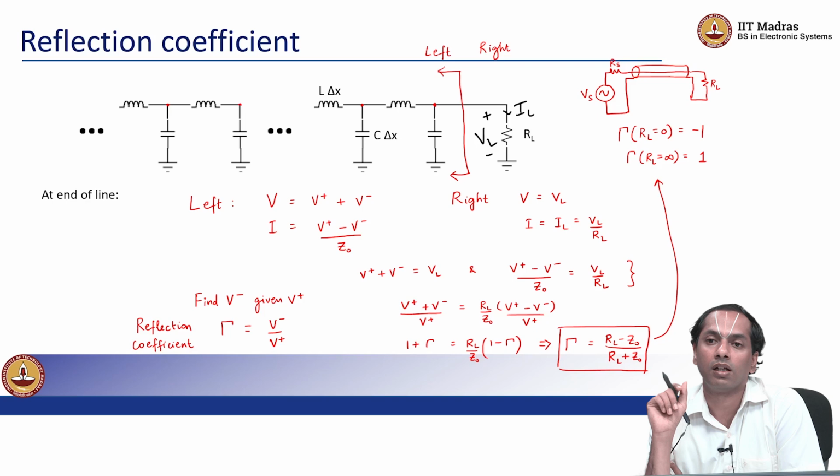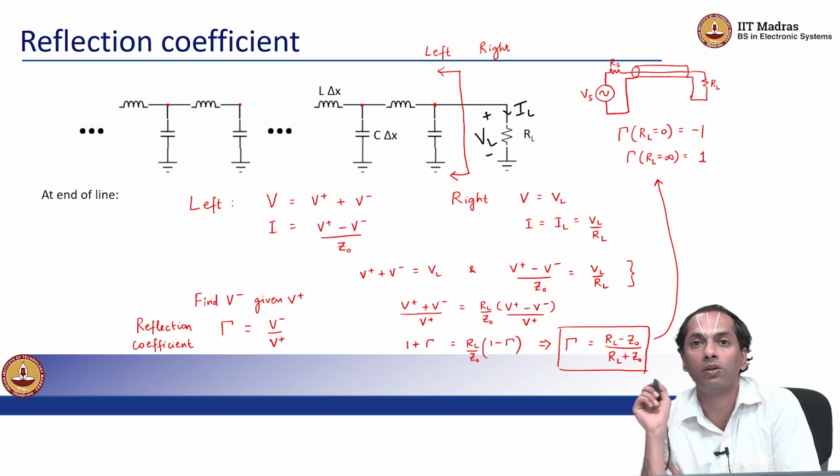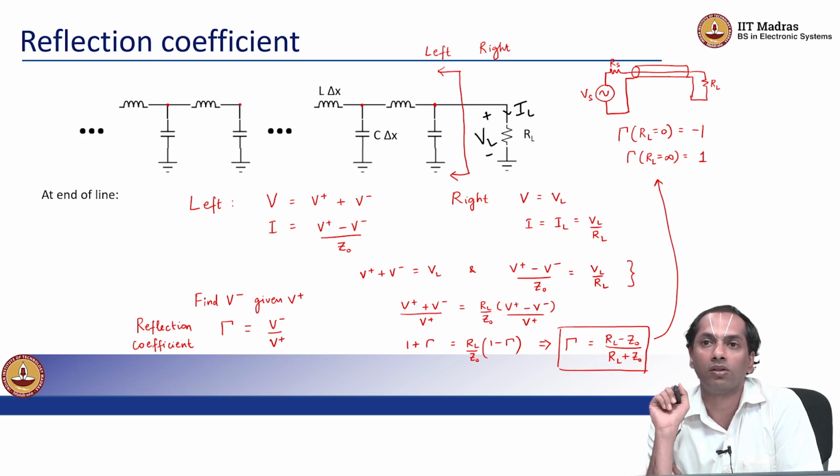Okay, there is a very special case, which is when RL becomes equal to Z0. So when RL becomes equal to Z0, the reflection coefficient gamma becomes 0. And in fact, it is a very popular way to actually try to understand what characteristic impedance is.